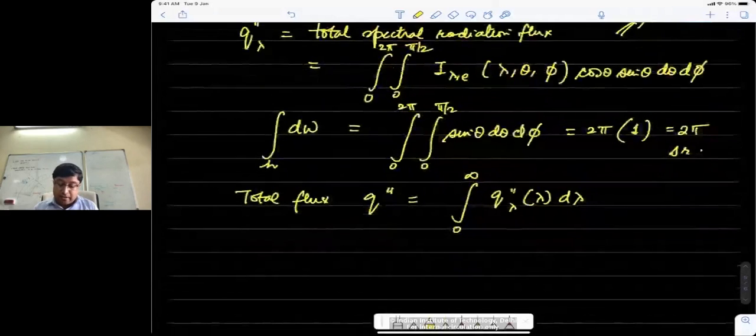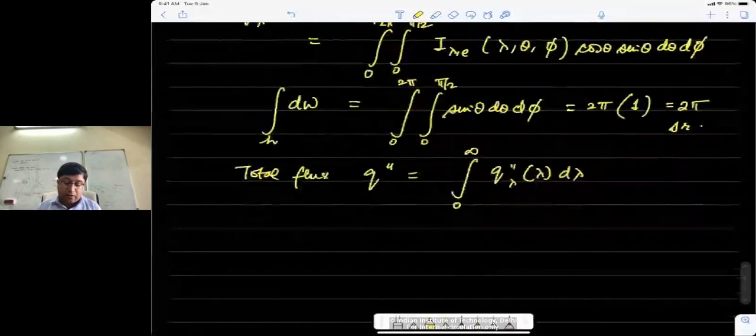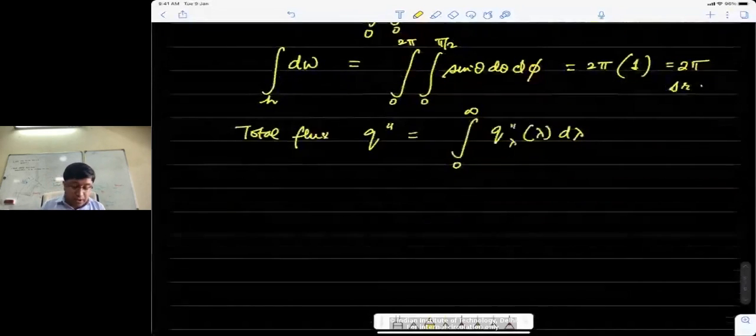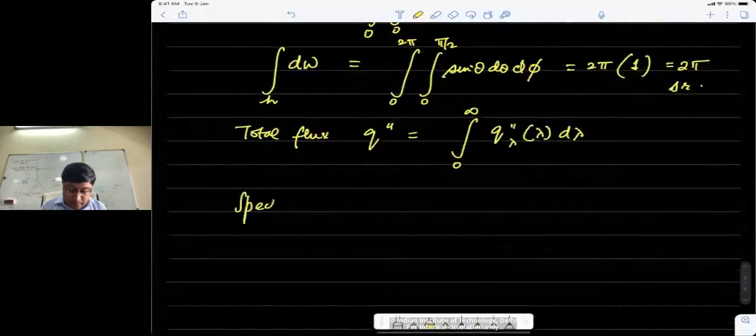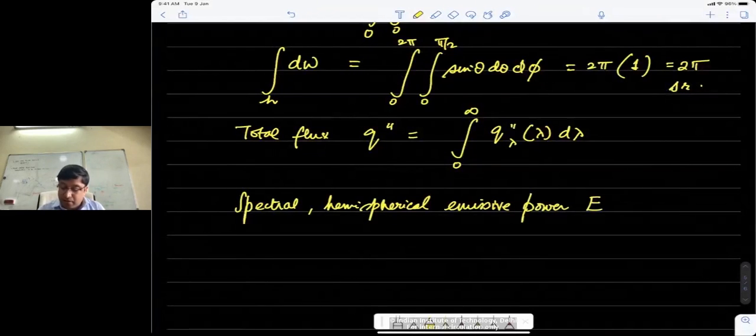I have so far looked at emission. For emission, we don't define just q as the variable of interest. We define E as the variable of interest. So we define what is called the spectral hemispherical emissive power. If it's emission, I will always use a capital E to denote emission, and since it's spectral, I write a subscript lambda.